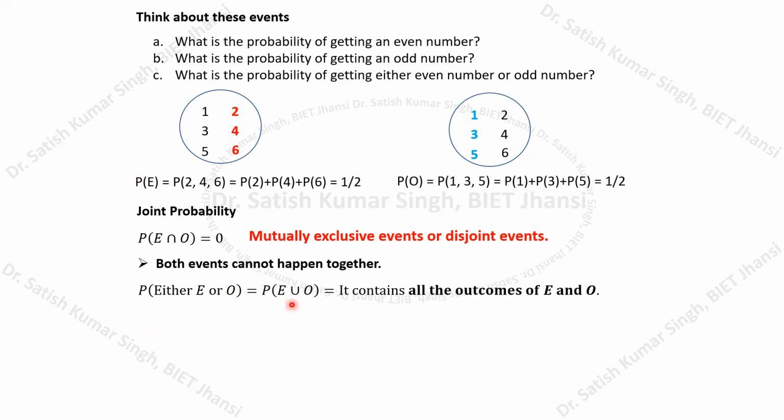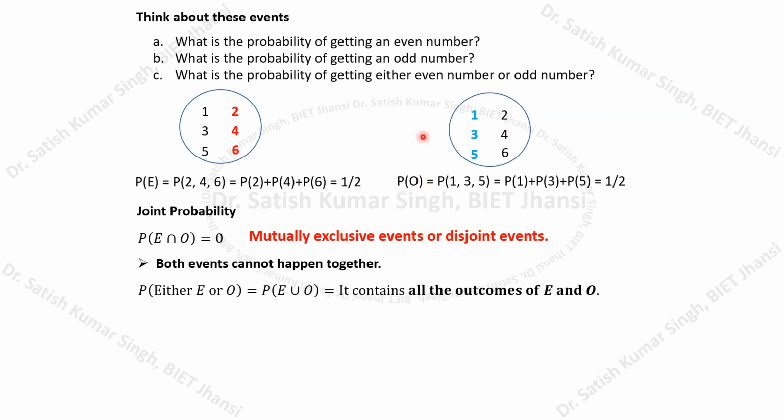This will be denoted by the union operator in set theory. The probability of getting either an even number or an odd number can be represented by the probability of E union O. It contains all the outcomes of event 1 as well as event 2.